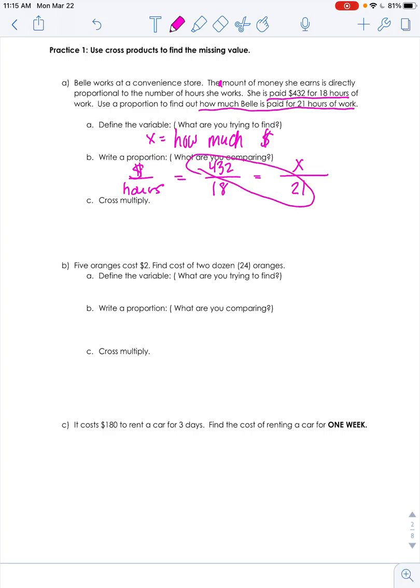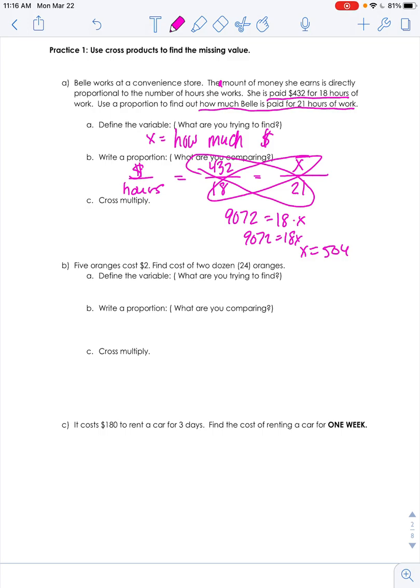Then we can cross multiply. 432 times 21, it's 9,072. 18 times x gives us 18x. Then we can divide 9,072 by 18 and we get 504.